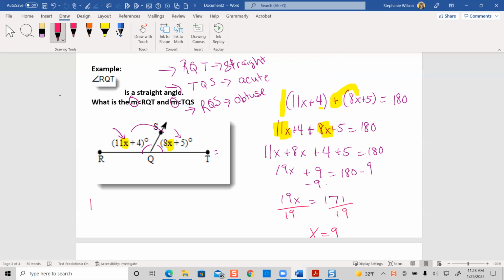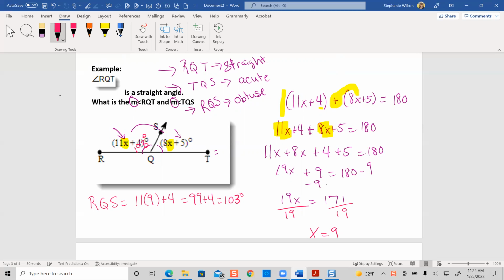RQS is 11x plus 4, and I know what x is, so I'm going to plug it in. 11 times 9 is 99, plus 4 is 103. So I know this is 103 degrees.